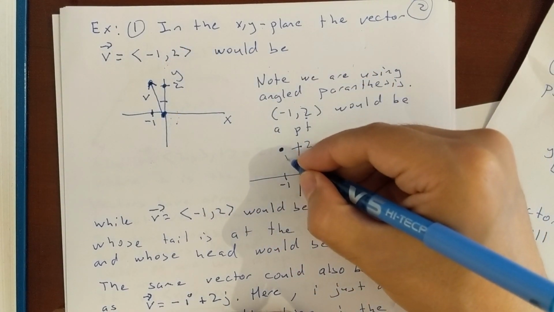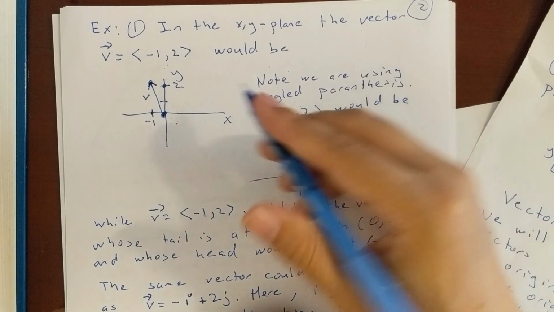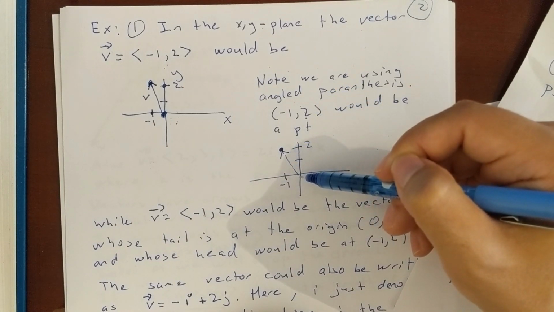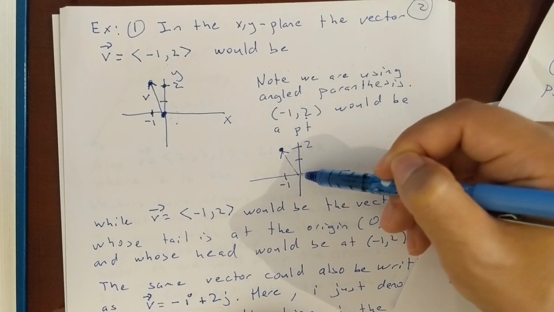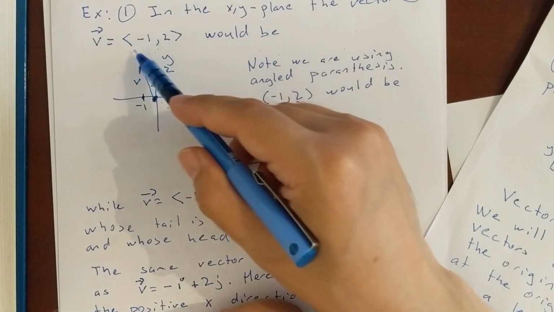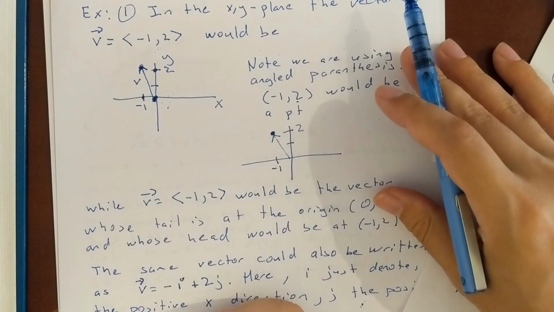That becomes the vector. So the point and the vector are two different things. The point is the point. The vector is starting from the origin. Its tail is at the origin. It goes to the point (-1, 2), and you have these angled brackets around it.